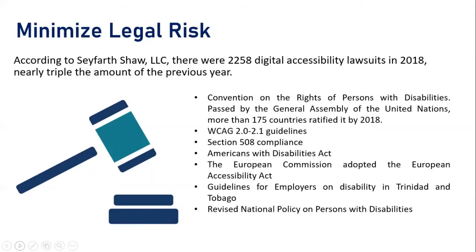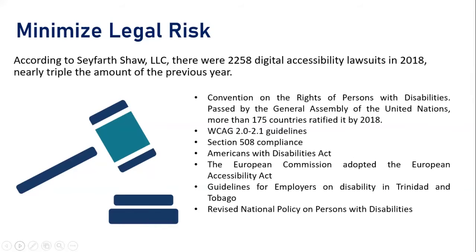In terms of the US, they have a policy called Section 508 compliance, which identifies what it means for digital accessibility, especially when it comes to businesses having compliant websites and compliant apps. And they also have the Americans with Disabilities Act.